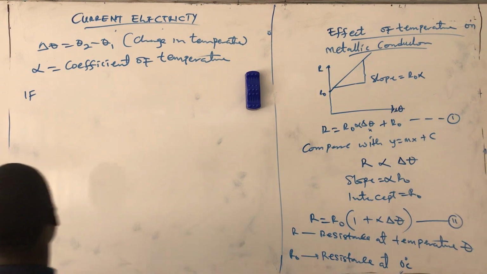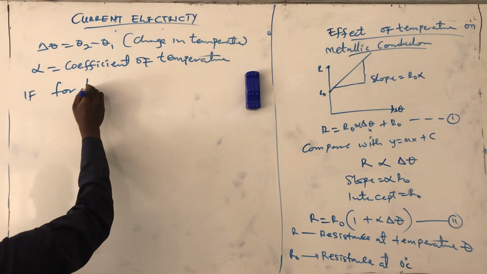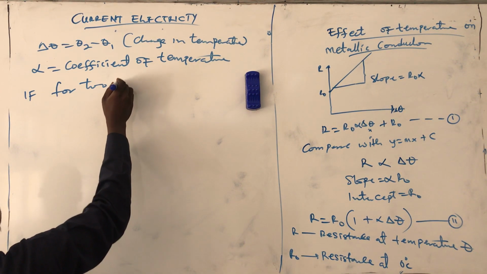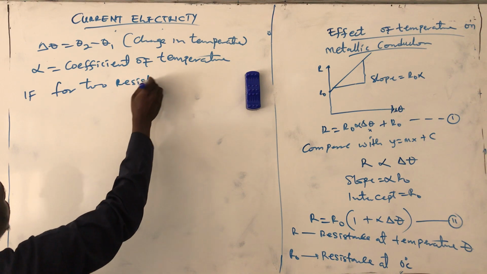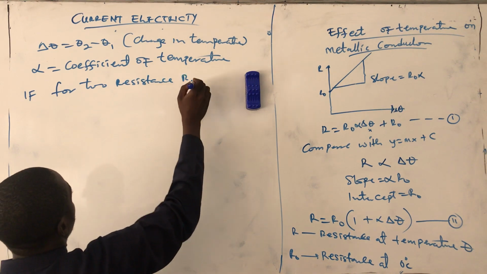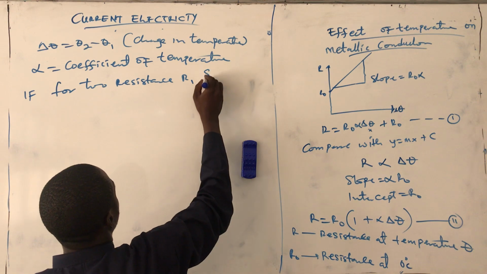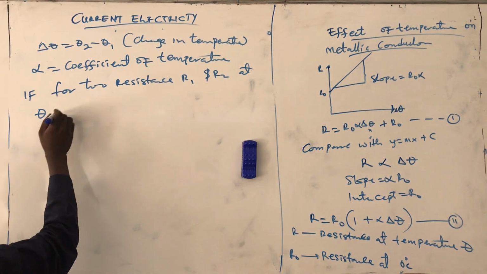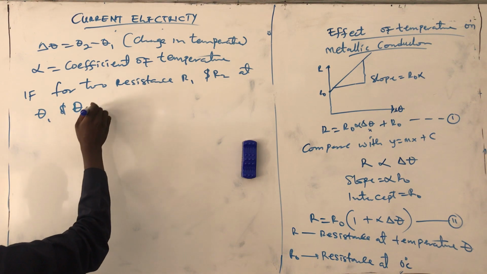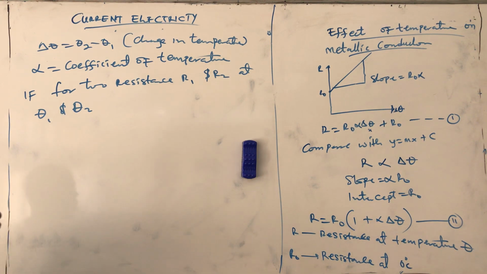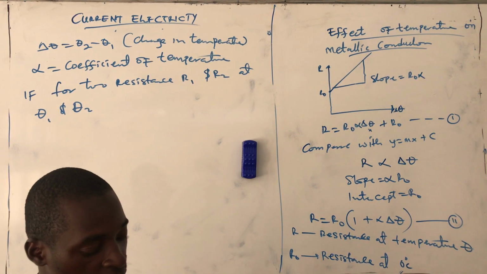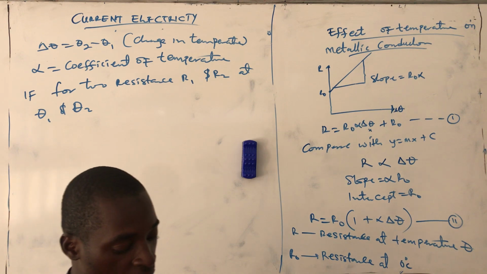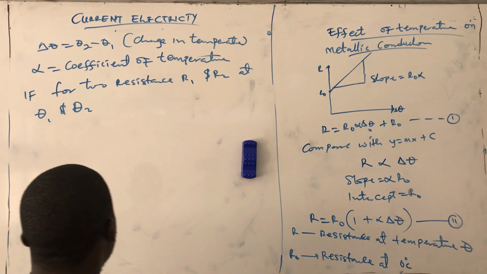If we have two resistances, R1 and R2, at theta 1 and theta 2, then we are going to have two equations: the equation of R1 and the equation of R2.